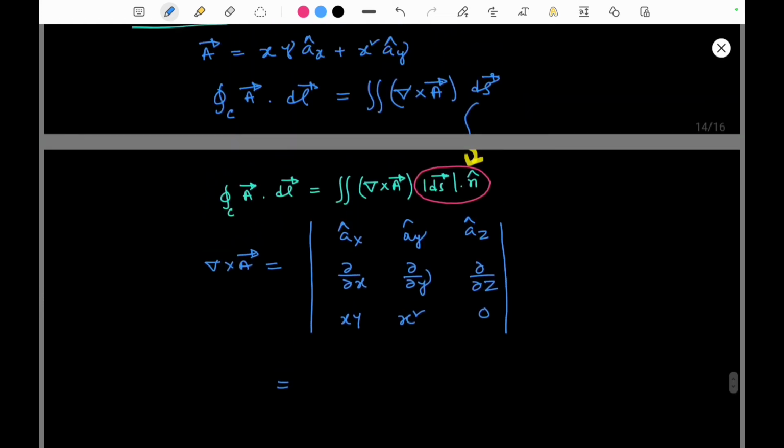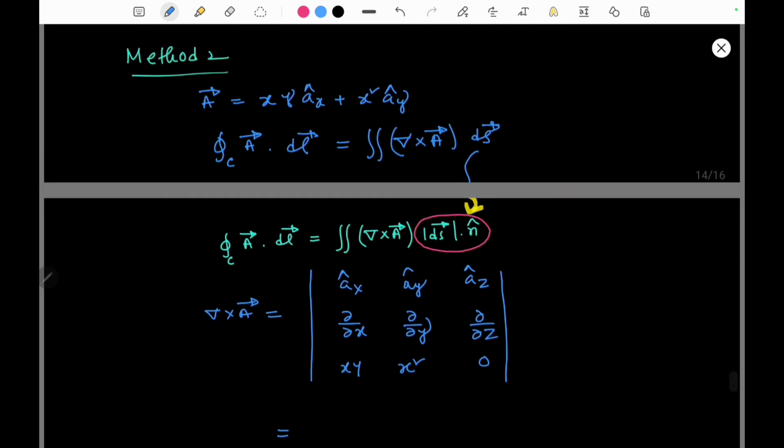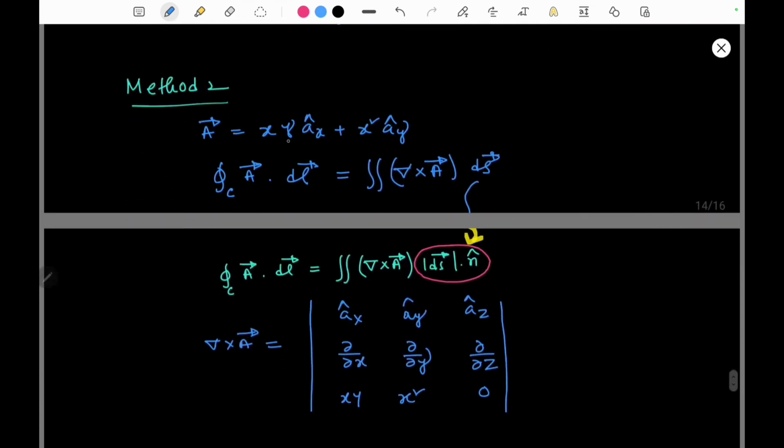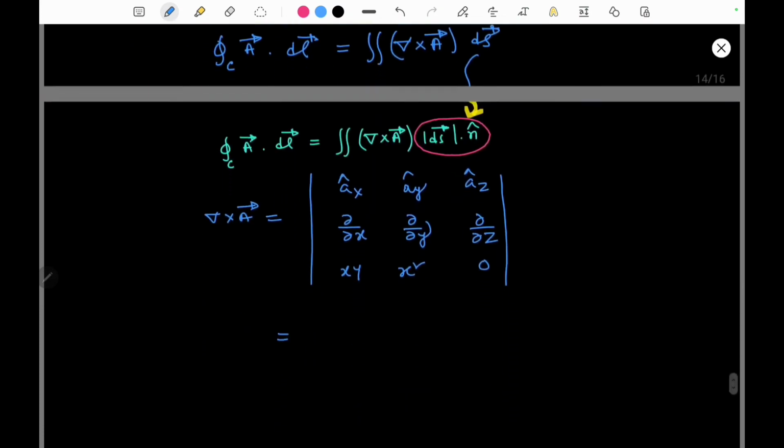So here we are writing the a vector values, and here the del is del by del x, del by del y, del by del z. Okay, a vector is xy ax cap plus x square ay cap.